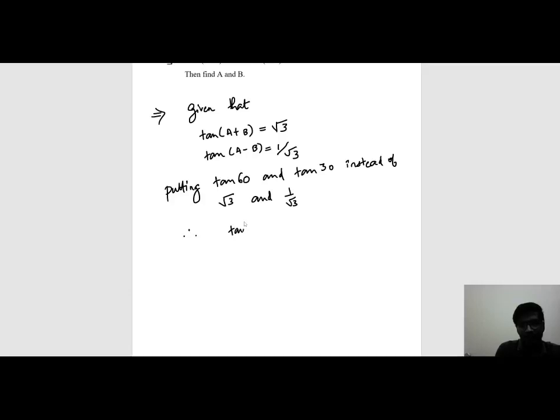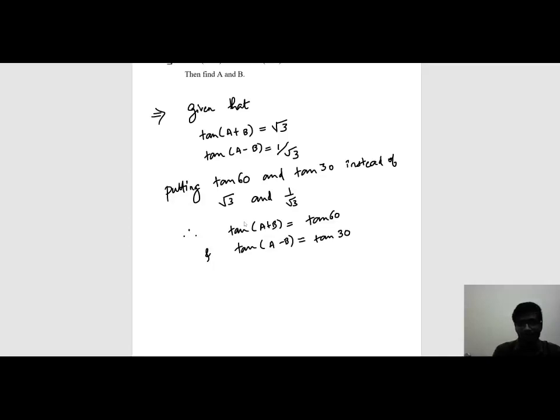We will get tan(a + b) is equal to tan 60 and tan(a - b) is equal to tan 30, right? In this type of questions only we will be in need of that tables, right? I hope now it is clear to you what is the importance of that table. In the similar way, in the coming section we will understand what is the importance of that quadrant concept.